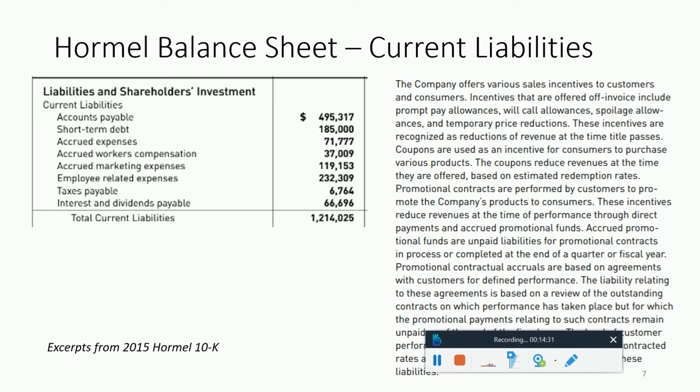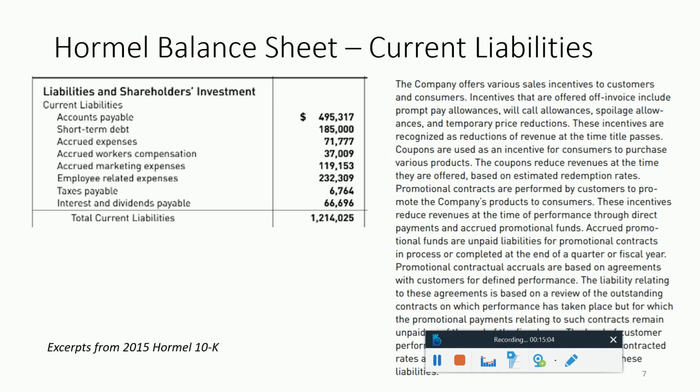The excerpt off to the right explains that they offer coupons and incentives to people to buy Hormel's products, and then they have to accrue or record a liability for the future amount of money that they think they're going to have to pay out for people who redeem those coupons, whether that's rebates back to the ultimate consumer or money paid to grocery stores for coupons that were redeemed in stores.